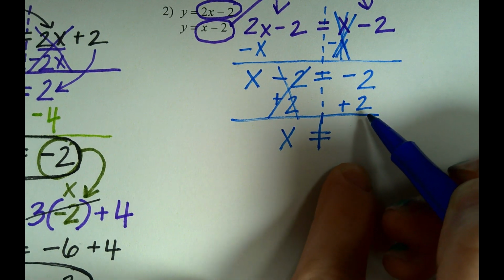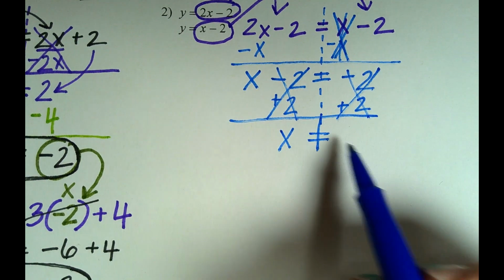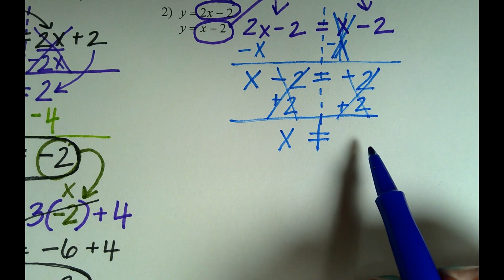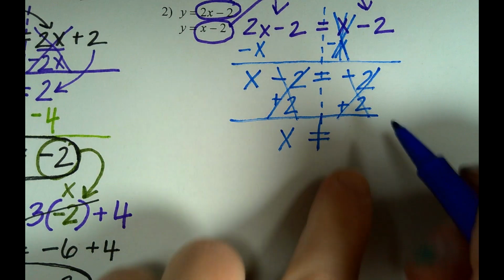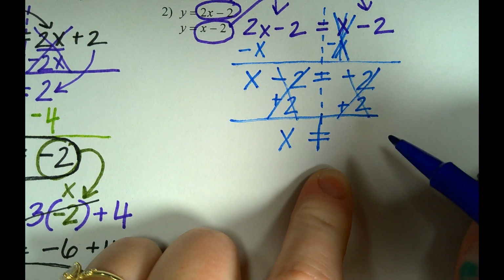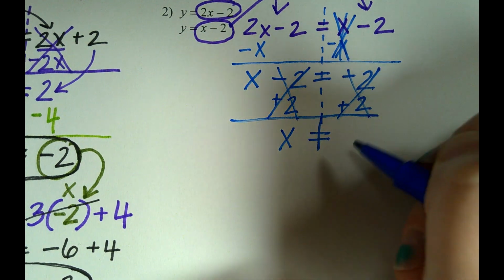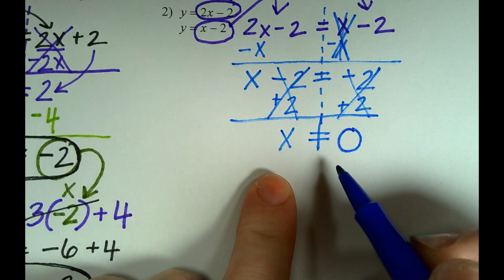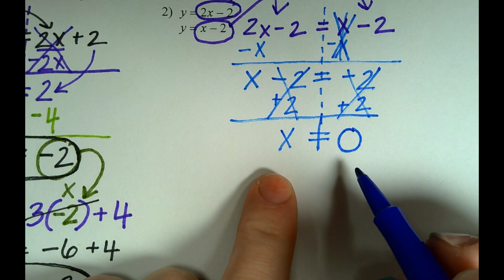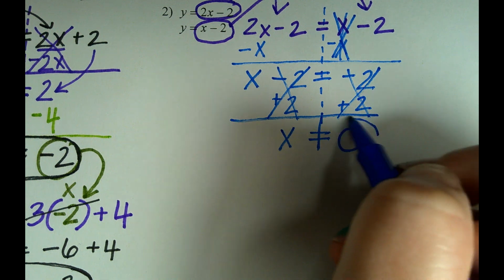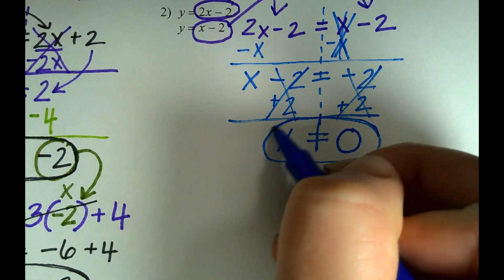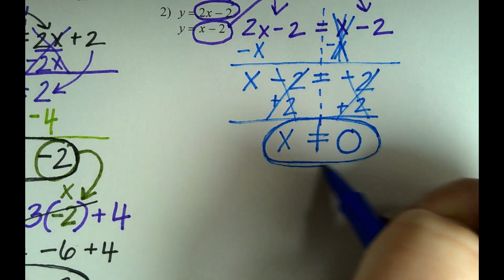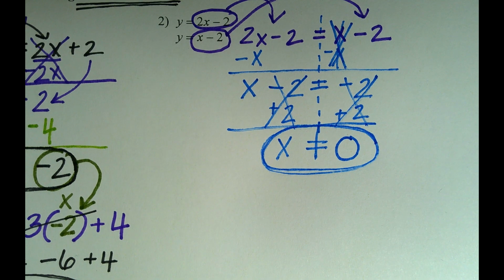Now -2 and +2 cancel again. So what's going on here? 0. Remember that if something cancels, it means that they add up to 0. So it doesn't mean that there's no answer for x. It means that x equals 0. So that is our x value. We've got that.